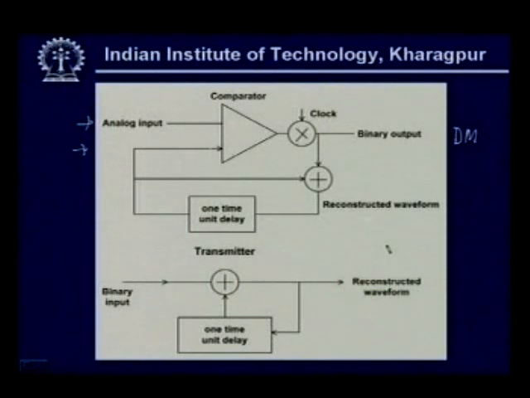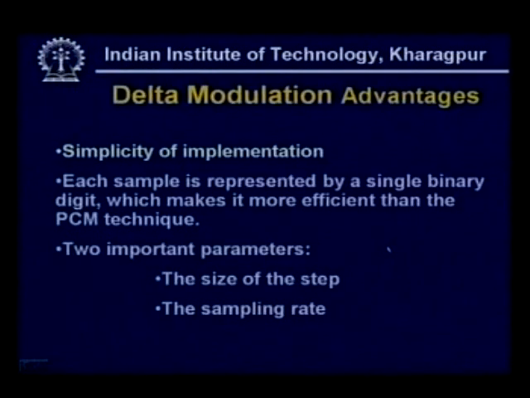So, delta modulation does not require complex hardware. Here are the advantages of delta modulation: simplicity of implementation. Each sample is represented by a single binary digit, which makes it more efficient than the pulse code modulation technique.